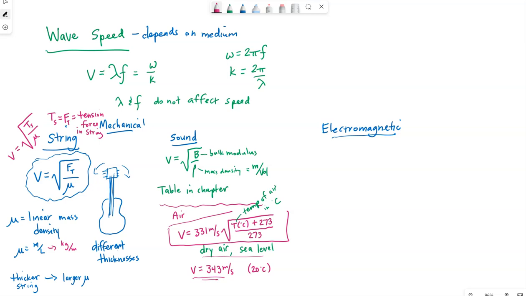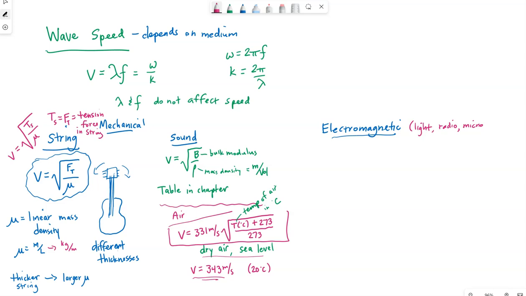Now, electromagnetic waves. Again, light is a subset of electromagnetic waves, so visible light. We also have our radio waves, which is any type of signal from a broadcast tower, like a TV station or a radio station. Our cell phone signals fall in this category.